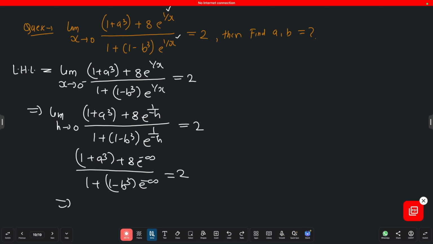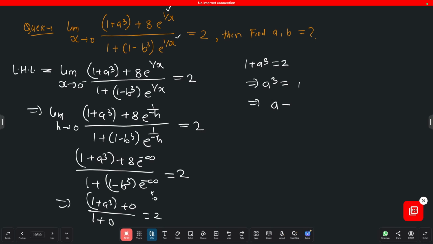So we get 1 plus a cube plus 0 upon 1 plus 0 into a finite quantity, which is 0, because b cube is obviously finite. So this equals 2. From here 1 plus a cube equals 2, then a cube is 2 minus 1 is 1, and the real value of a is 1, the other values will be imaginary, so a came 1.